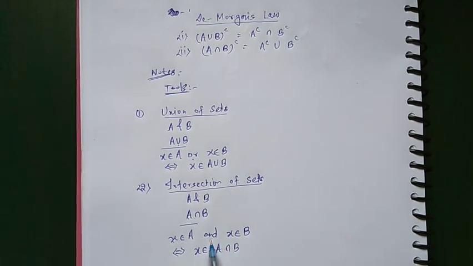So the term AND and the sign intersection are equivalent to each other. Means that if we see the term AND, then we will use the intersection sign, and if we see the intersection sign between two sets, then we will use the term AND.